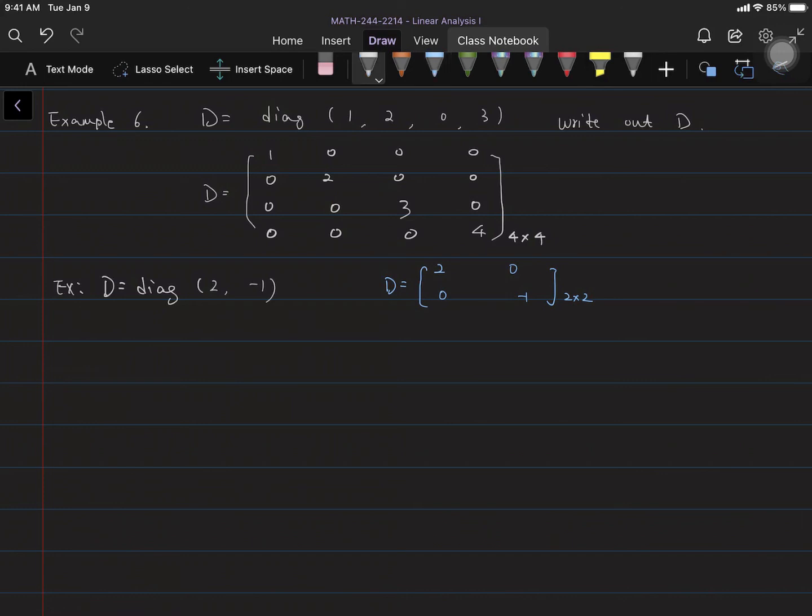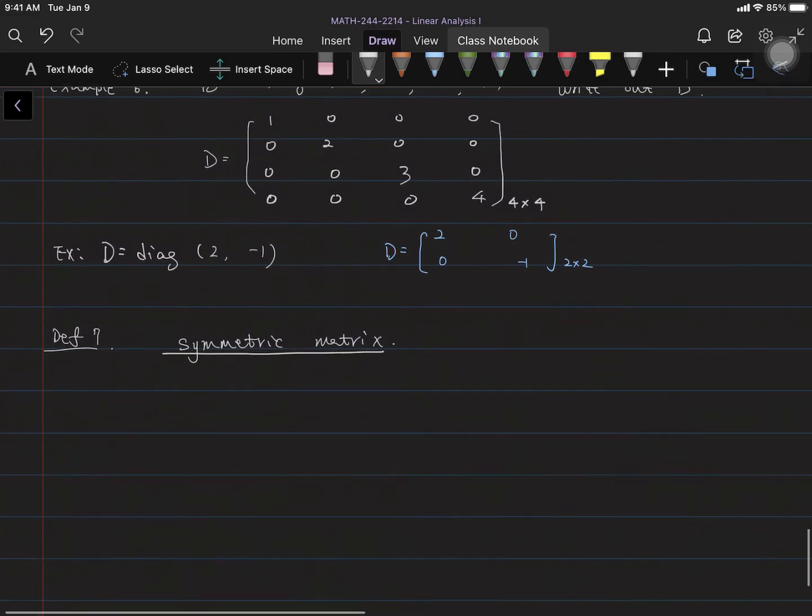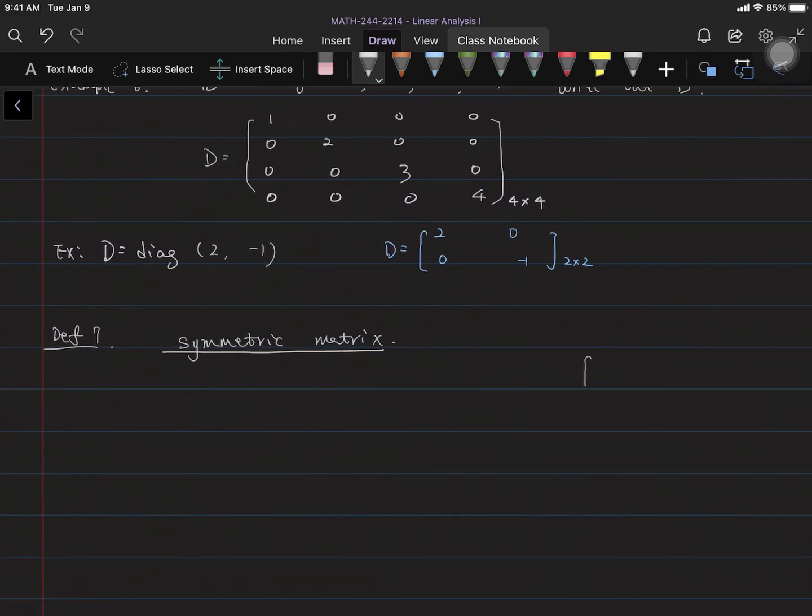Symmetric matrix. Okay, let's see. Definition 7. Symmetric matrix, I can give an example. It's like 1, 2, 2, 4, and 0, 5. Symmetric means they have to be symmetric, so those numbers are the same.